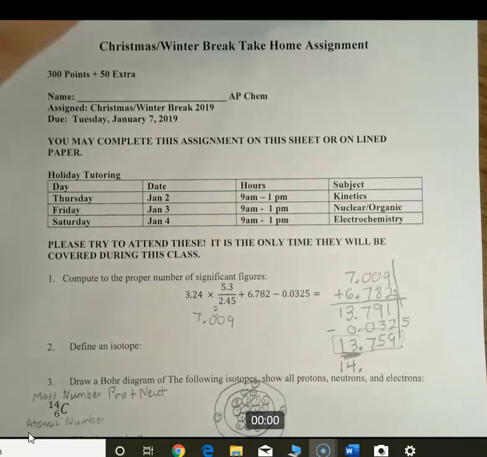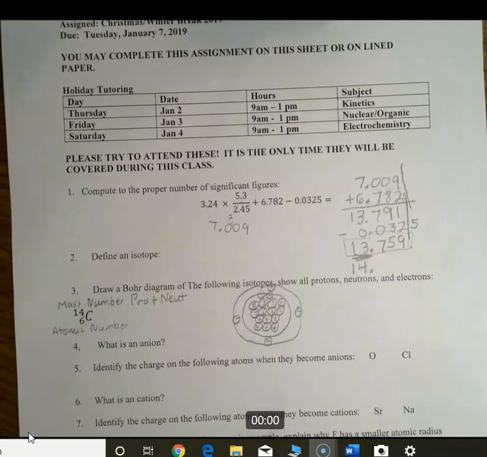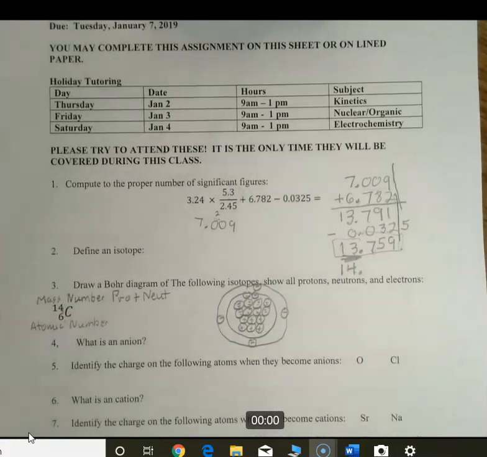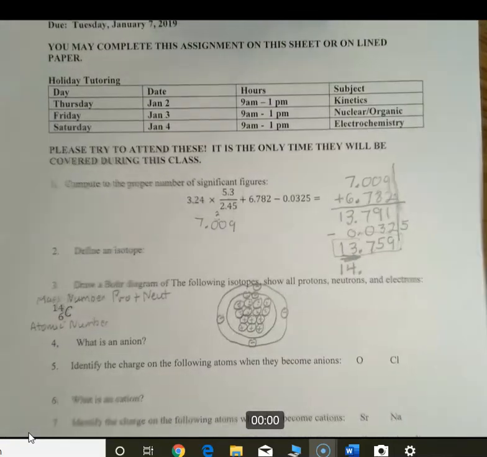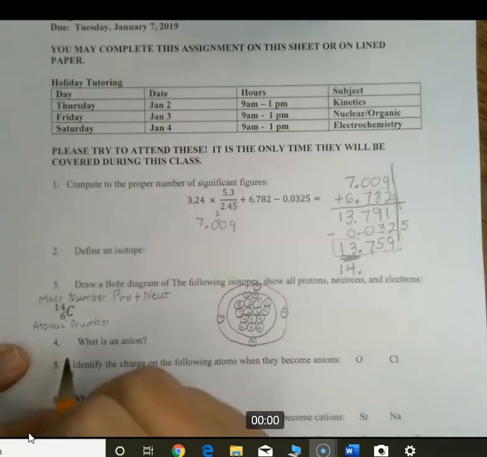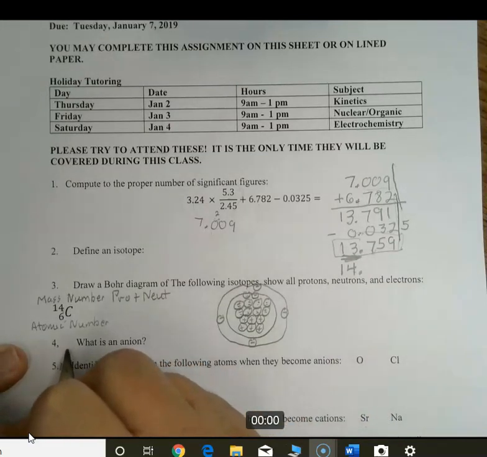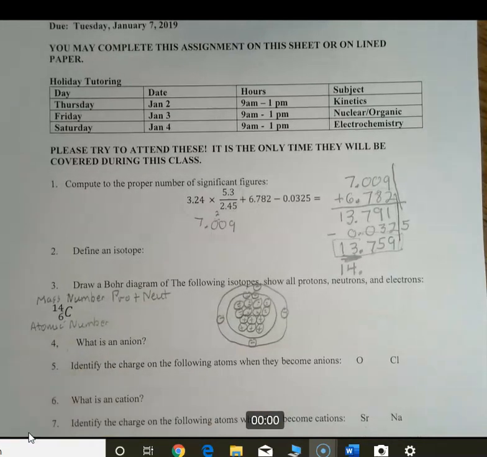That's the one. Let me get down here a little further. That's the one that's well known for determining the age of artifacts, ancient artifacts. Okay, what's an anion? So an anion, I'm just going to say this in words.